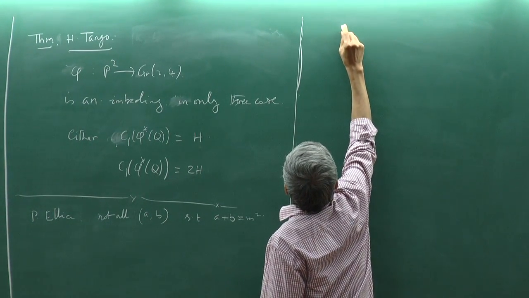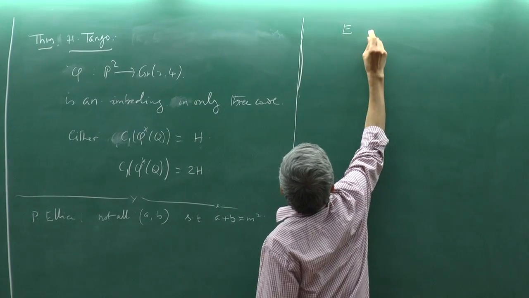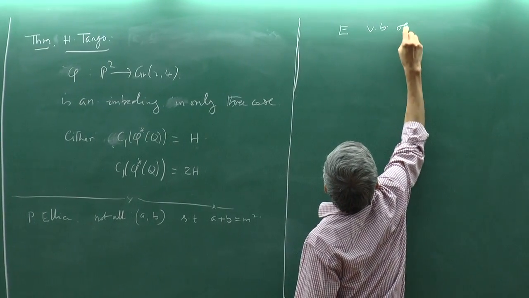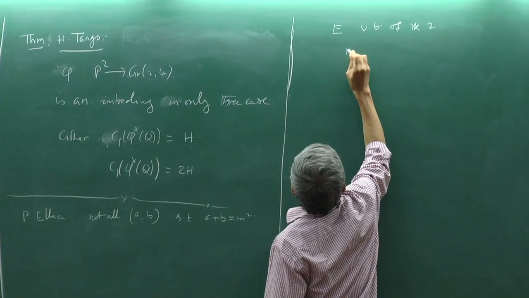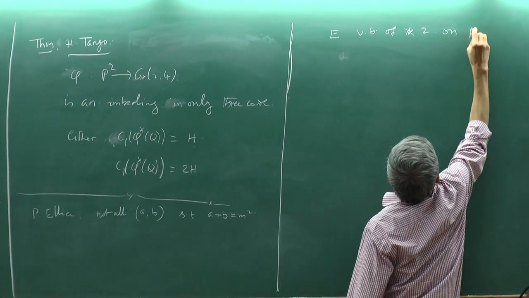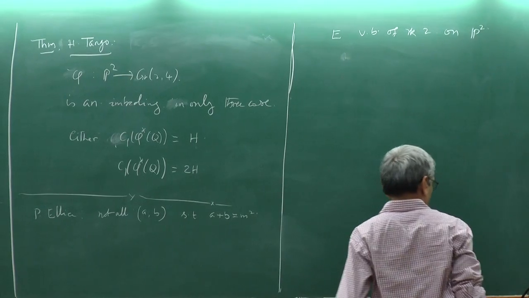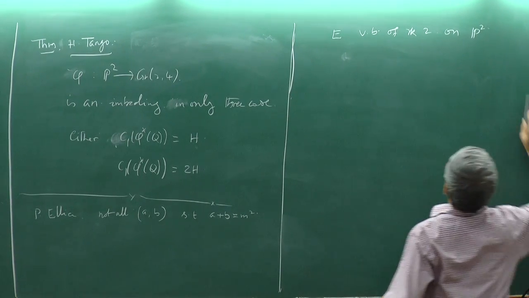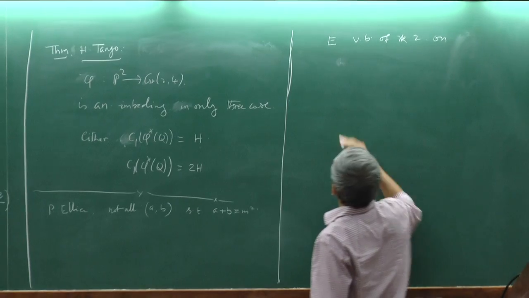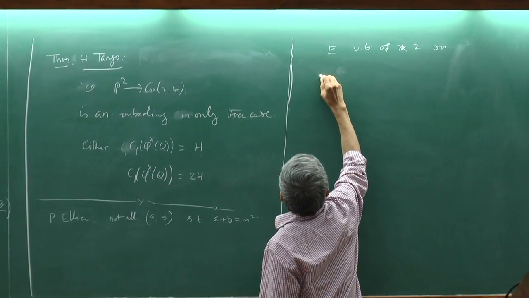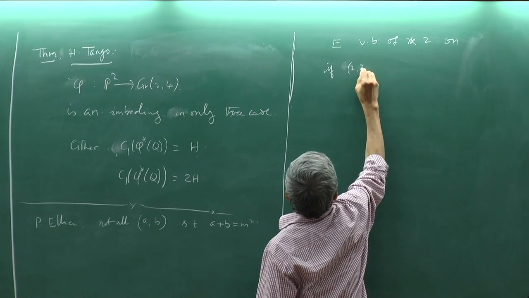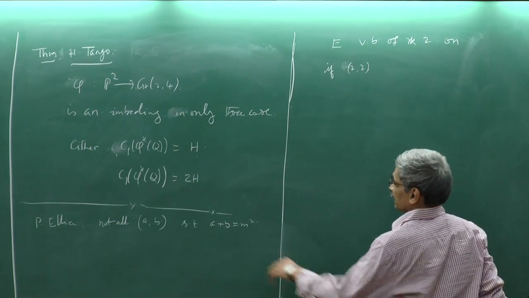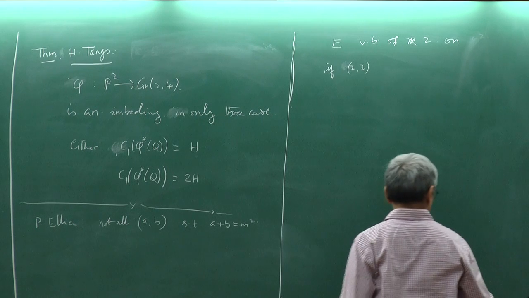So E is a vector bundle of rank 2 on P2. What we first settled is the 2-2 case, that means both A and B are 2-2.